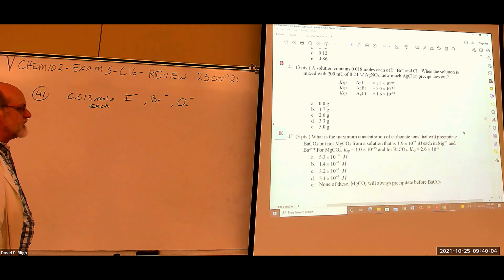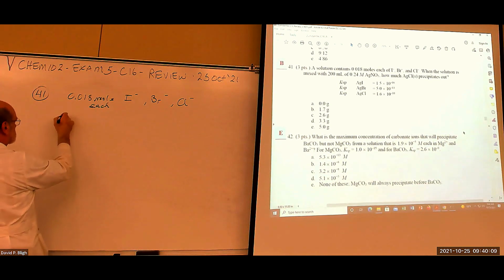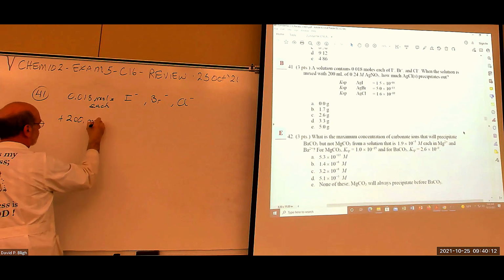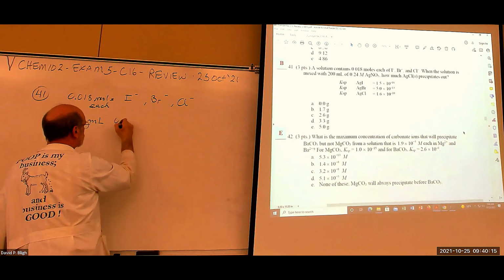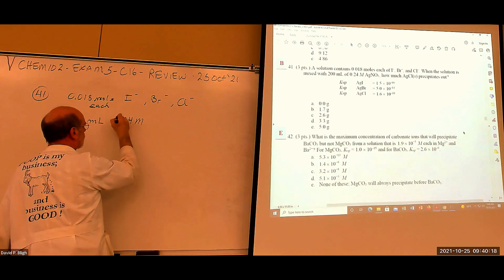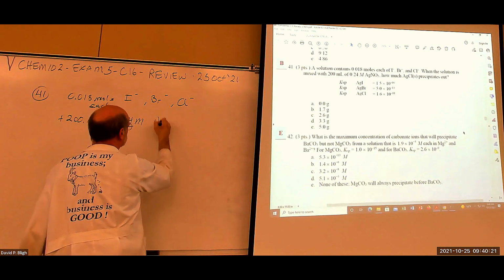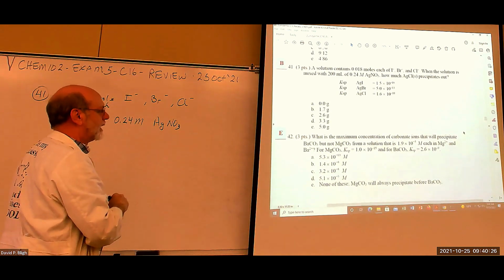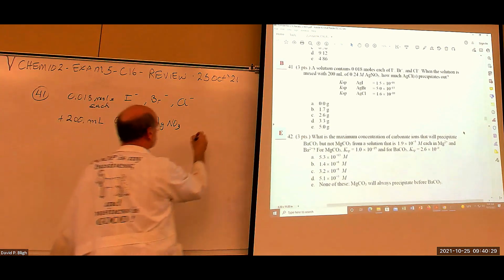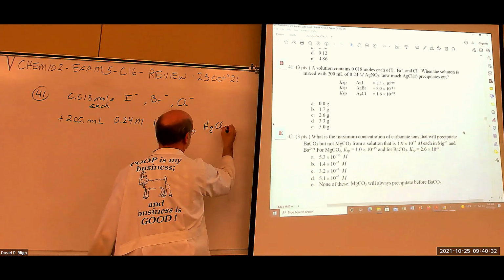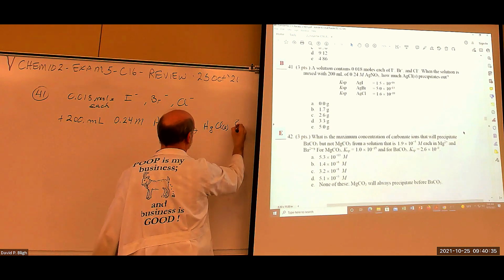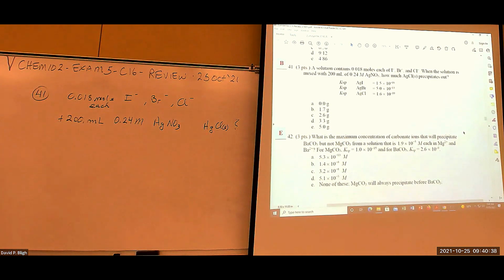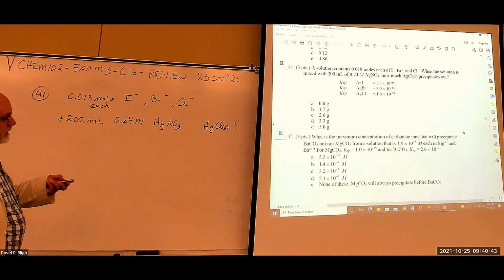Okay, we're going to mix that solution with 200 milliliters of 0.24 molar silver nitrate. Okay, and the question is, how much silver chloride precipitates? Oh, that's the question. And we look, our answers are in grams.